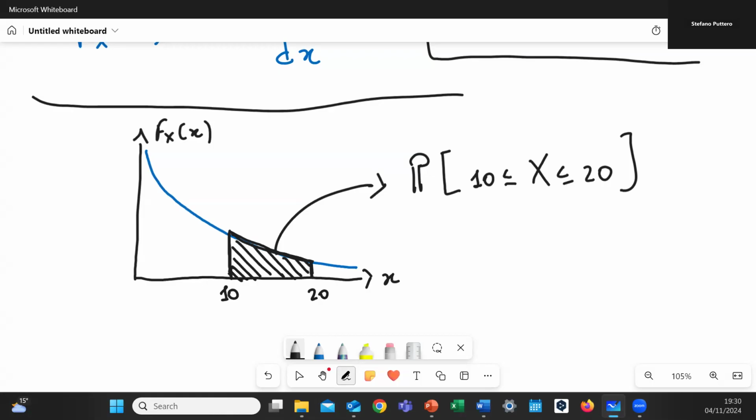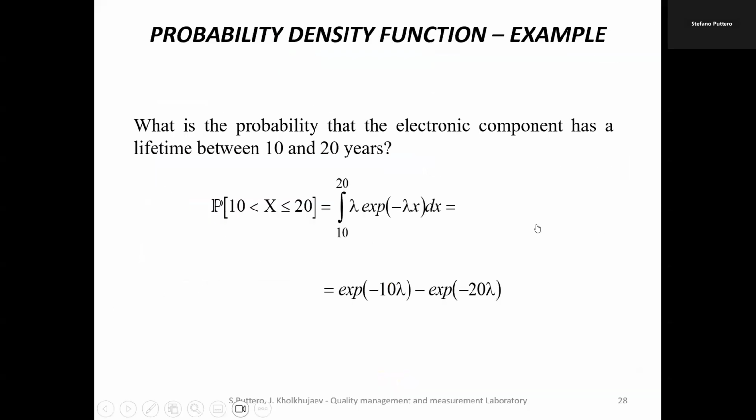So in this slide, I think you have all the calculation of the solution.